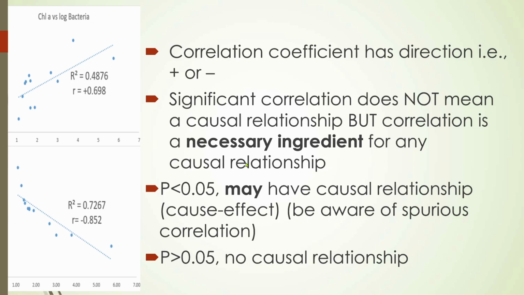An important point to remember when using the results from correlation analysis is that a significant correlation does not mean that there is a causal relationship, or a cause and effect relationship. Usually, a significant correlation necessitates further investigation, maybe through laboratory experiments, where you can manipulate one variable and then measure the response of the other.